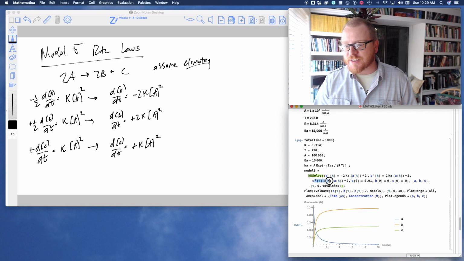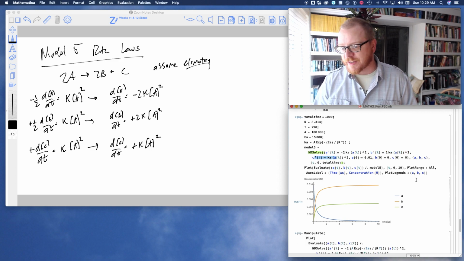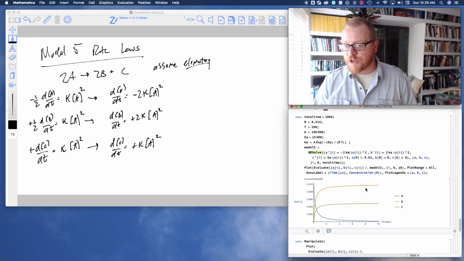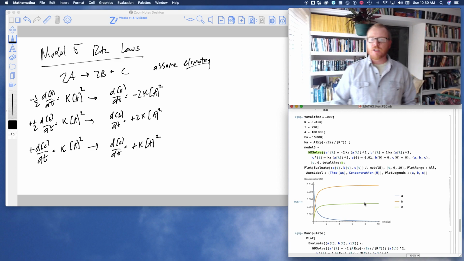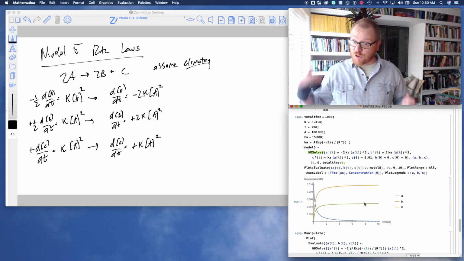But now C prime just equals K times A squared. And look, this is what we get in the model, right? You can see that twice the amount of B is created as C because of the stoichiometry. So make sure you're getting the stoichiometry correct. That's really important. All right?